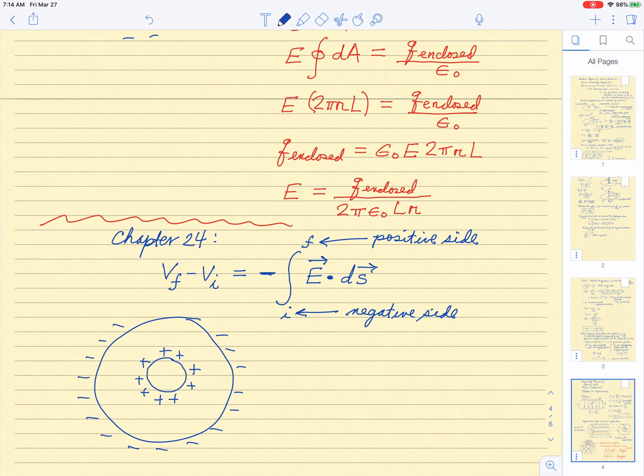All right, positive and negative conductors. Now this is a cross section, right? You realize that it's a very long concentric cylinder.